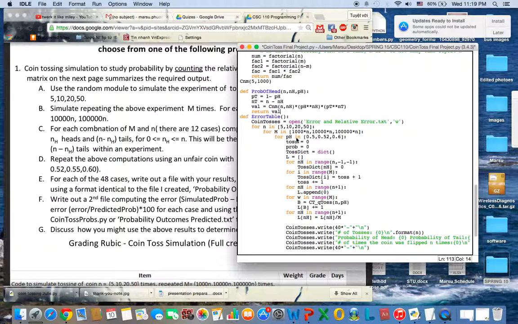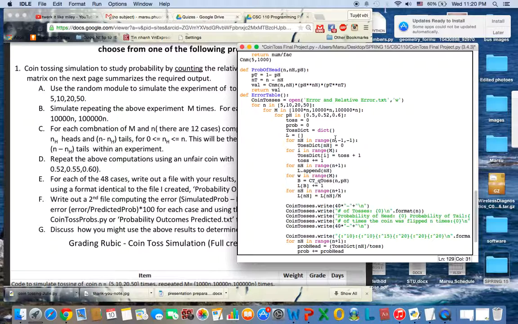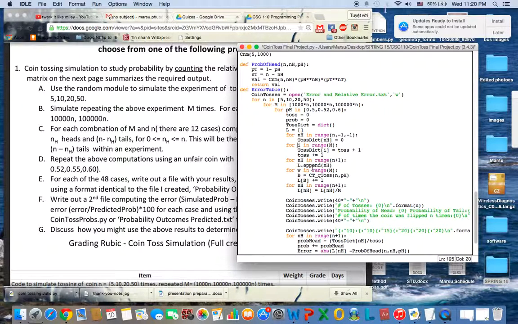Again, a for loop, with the same tosses, and we go from right to left, I mean 50 first, because I want to see how it works with bigger numbers.